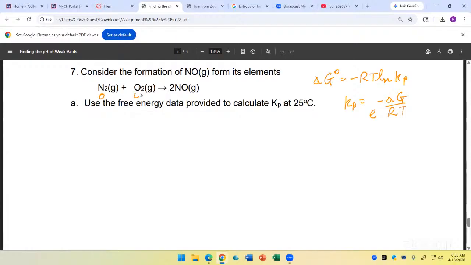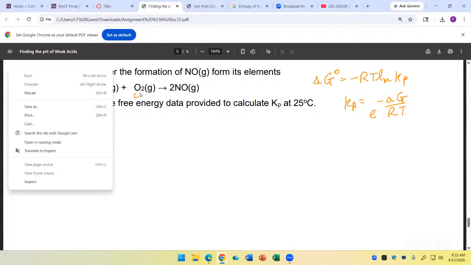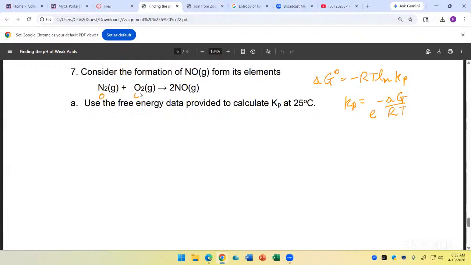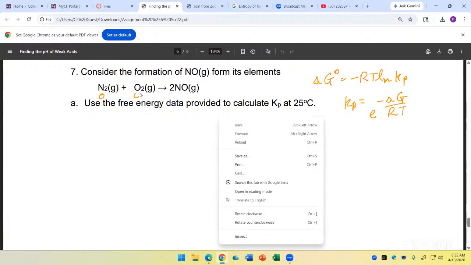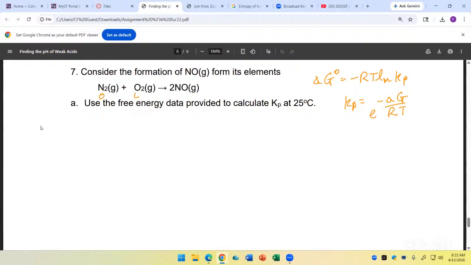So what we have to do now is look up the value for nitrogen monoxide.